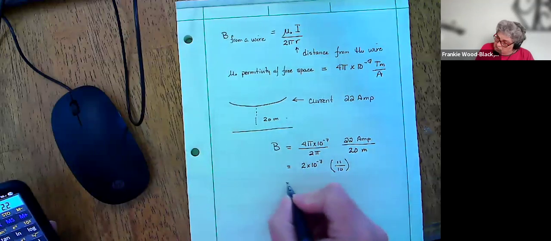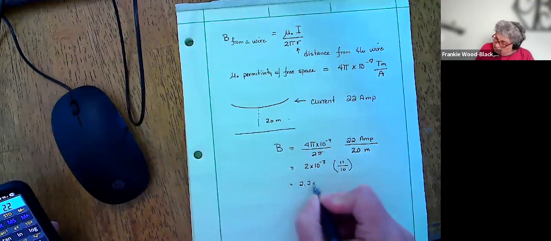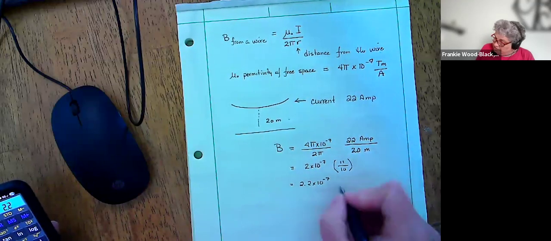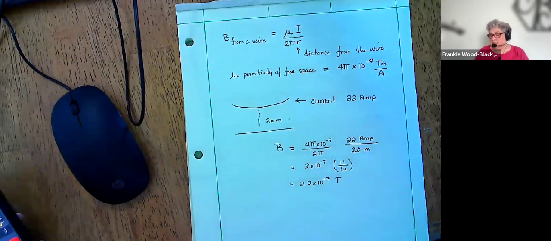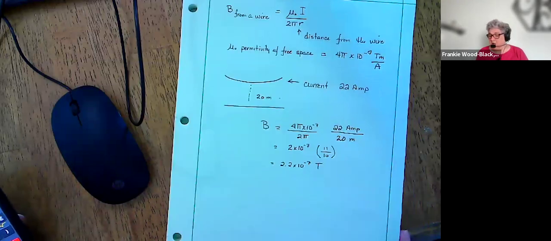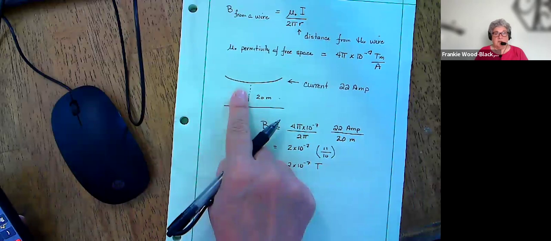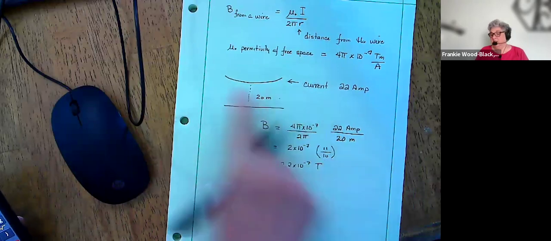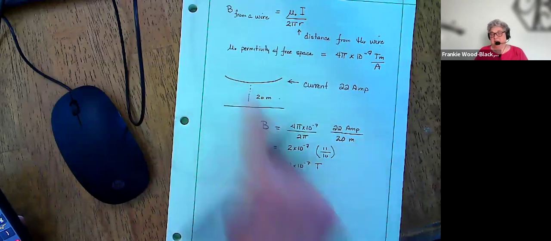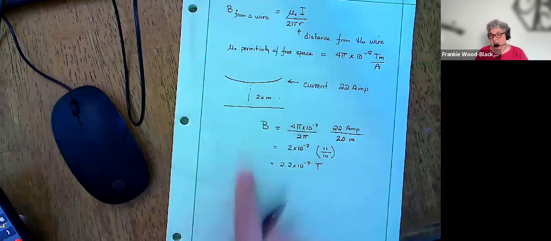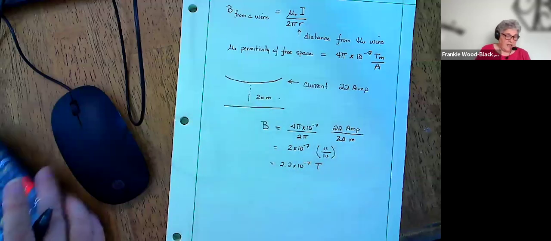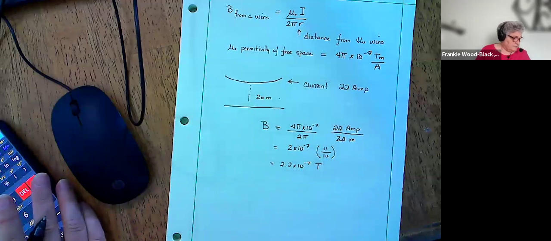I'm going to get 2.2 times 10 to the minus 7 Tesla. Pretty small magnetic field associated with a 22 amp circuit 20 meters above me. So you get that particular aspect.